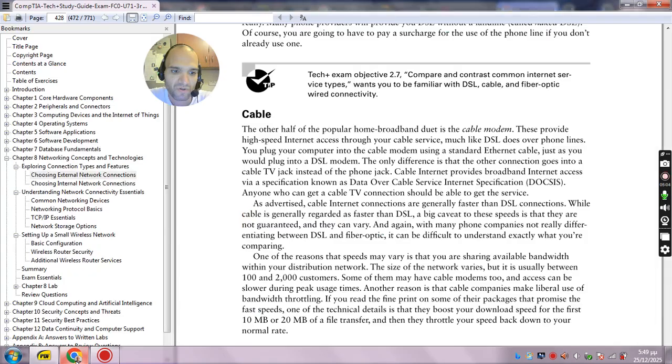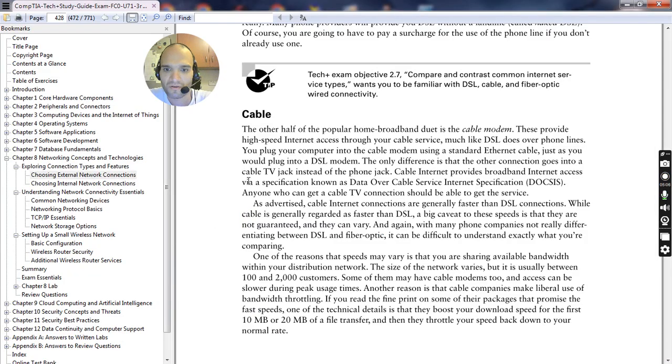Let's continue. The only difference is that the other connection goes into a cable TV jack instead of the phone jack. Be careful.